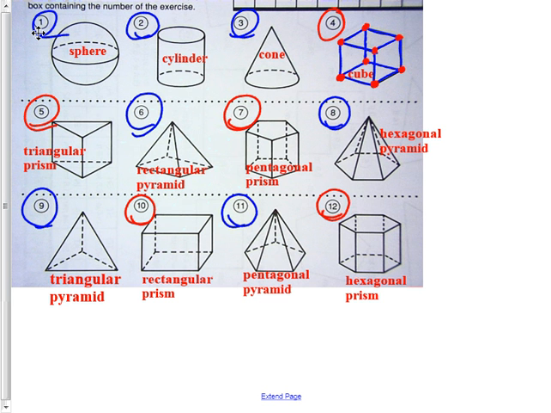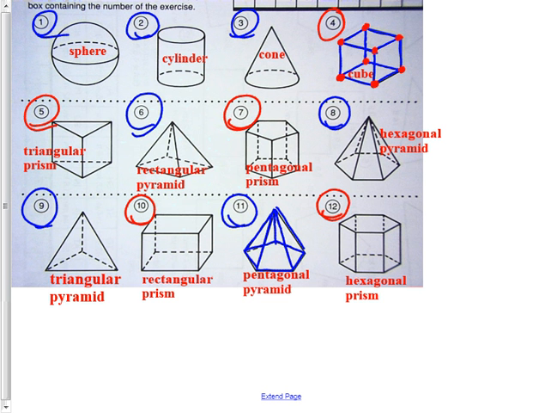As we count edges, count along the base first. 1, 2, 3, 4, 5 edges that are along the base, 6, 7, 8, 9, 10 along the sides of the triangles. So 10 edges.